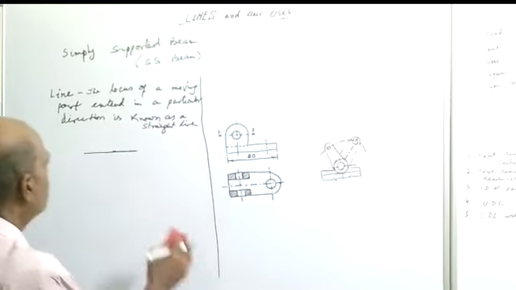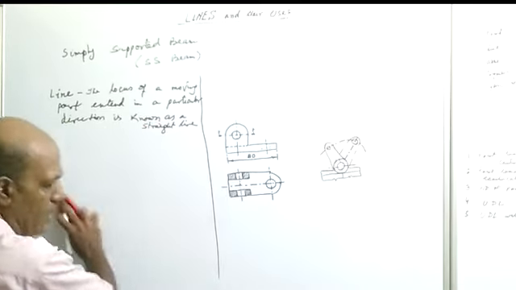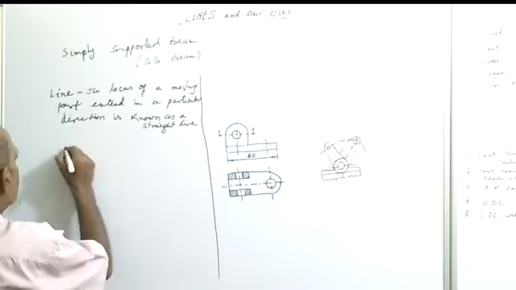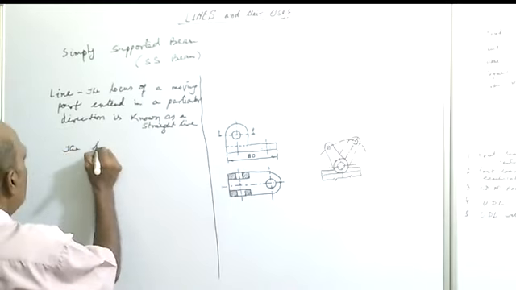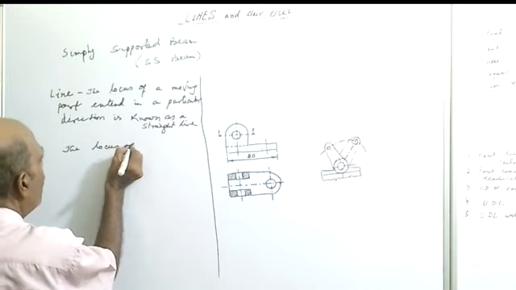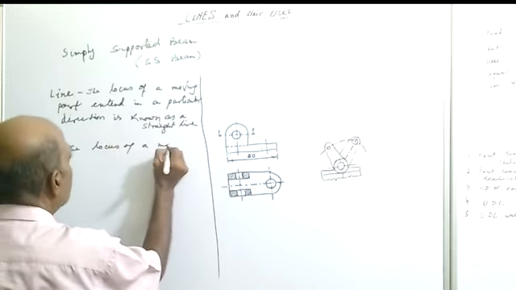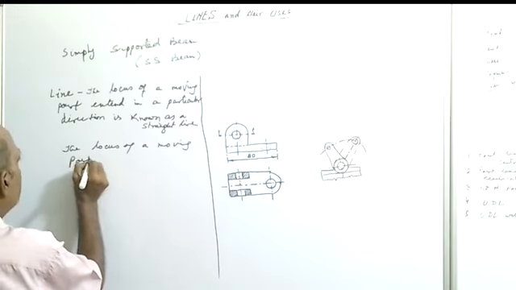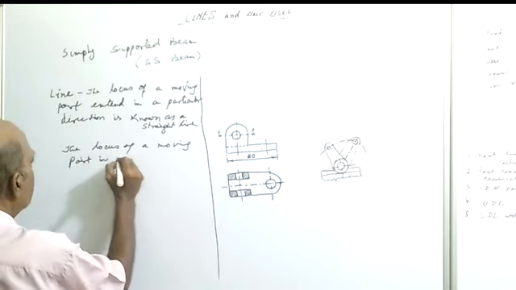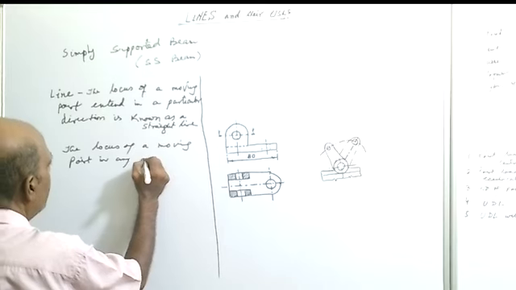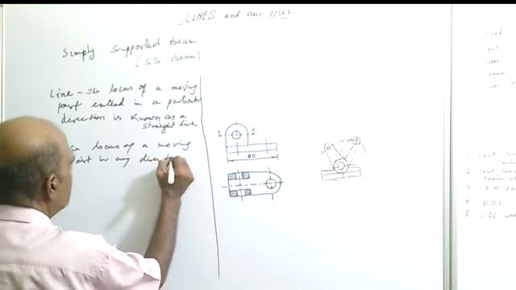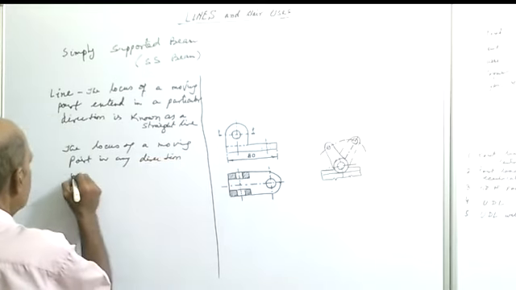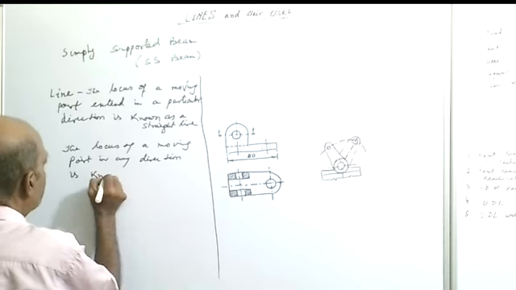If the words "particular direction" are not given, the line may be a curved line. The locus of a moving point in any direction is known as a curved line.